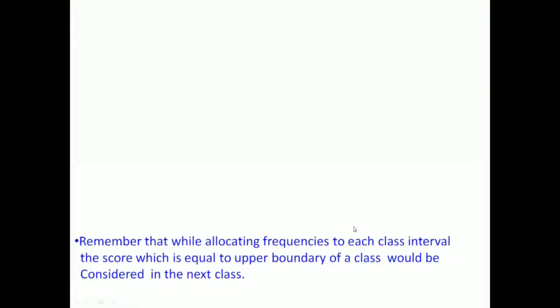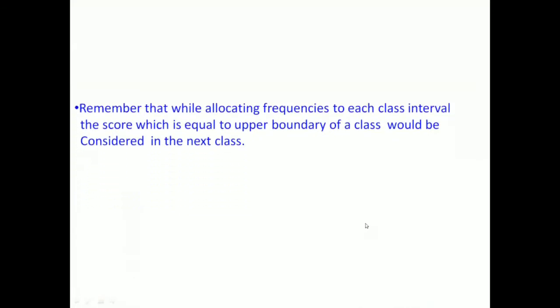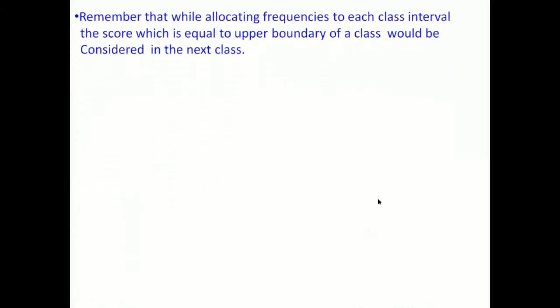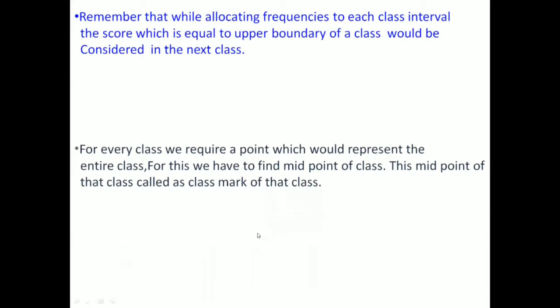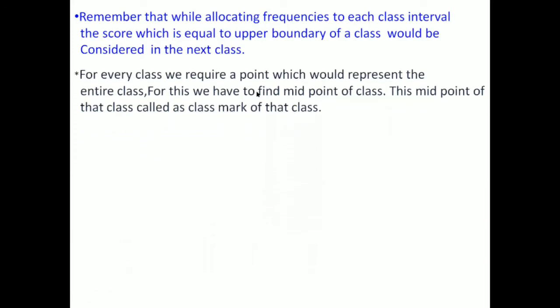What is the difference? Why do we have to use this direct method, and what points do we have to remember? Remember that while allocating frequencies to each class interval, the score which is equal to the upper boundary of a class would be considered in the next class. The second point also we have to remember. For every class, we require a point which would represent the entire class. For this, we have to find the midpoint of that class.